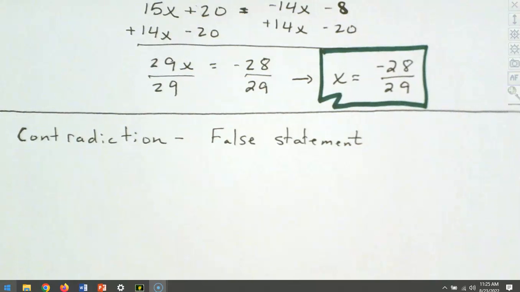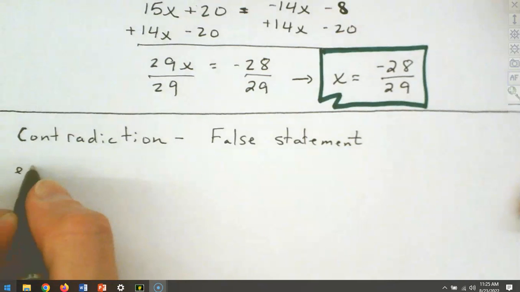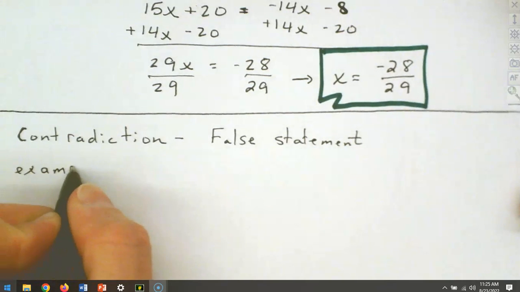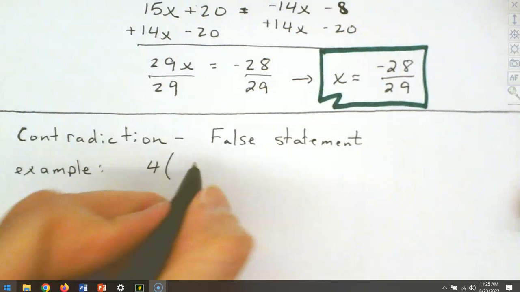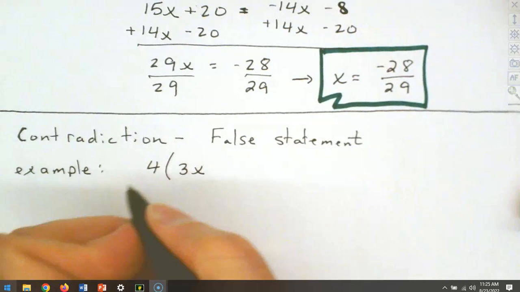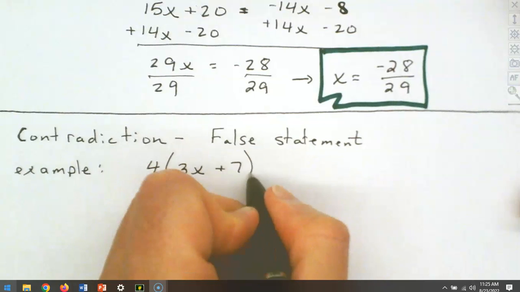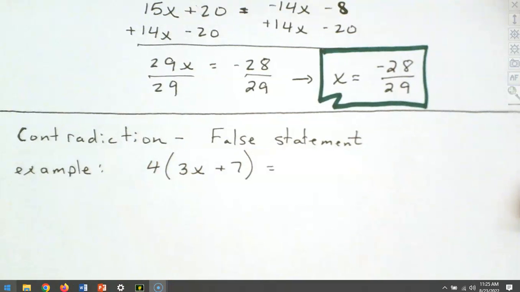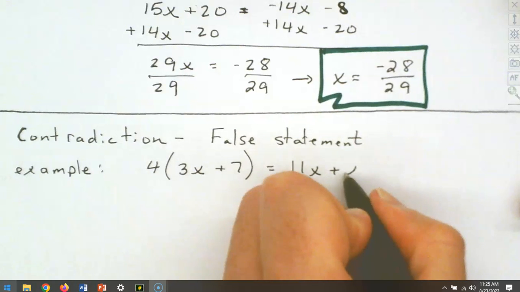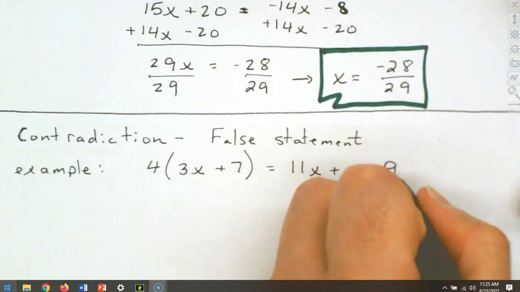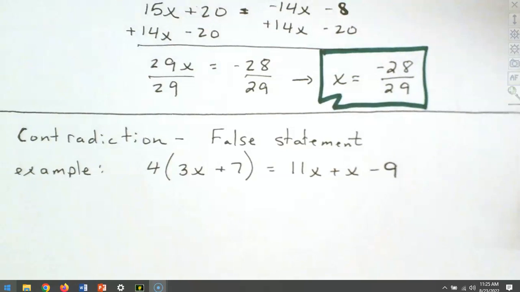So here's an example of a contradiction. 4 times (3x plus 7) equals 11x plus x minus 9. So this is going to be a contradiction, false statement.